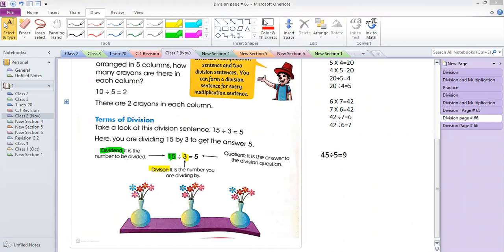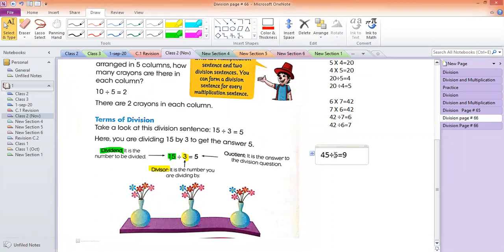Suleiman, can you hear me? Suleiman, can you tell me the dividend here? What is the dividend in 45 divided by 5 equals 9? Which number is the dividend here?